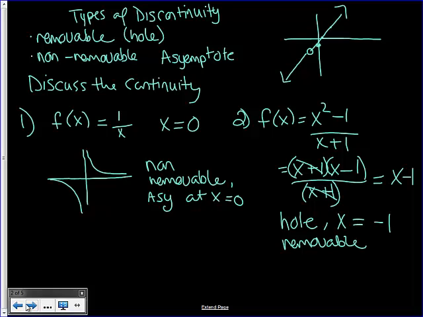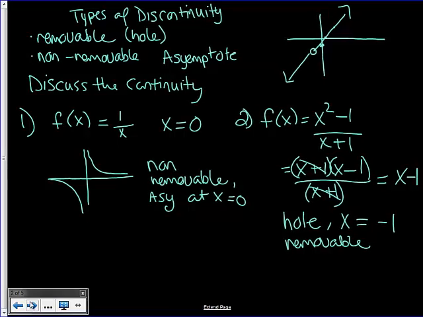Okay. Now, another example of what we had in the last video we watched. So on example 3, I am going to have f of x equals the absolute value of x minus 3 over x minus 3.